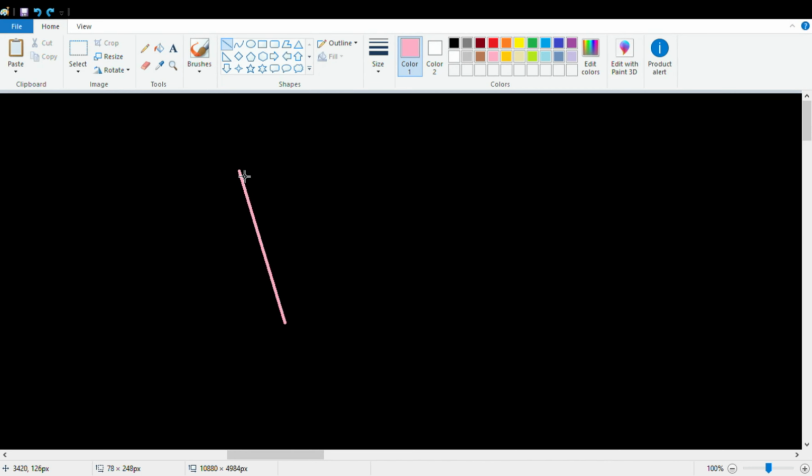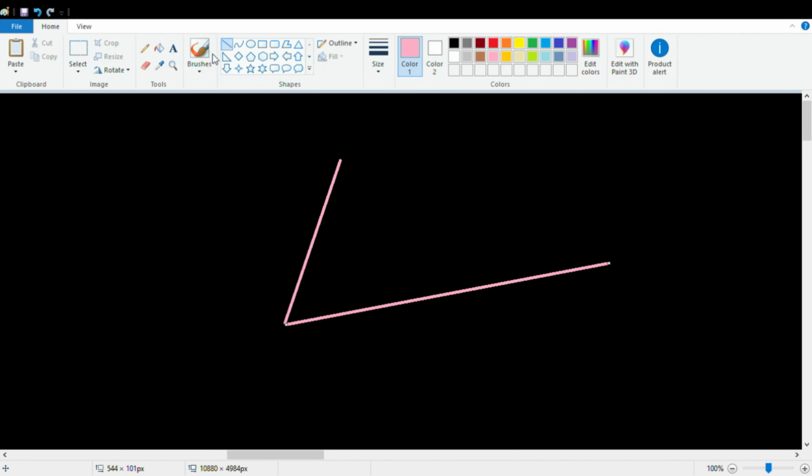So vector A, vector B, and I just rotated the whole thing to like 90 degrees clockwise. Call this theta. So let's construct this right triangle right here.